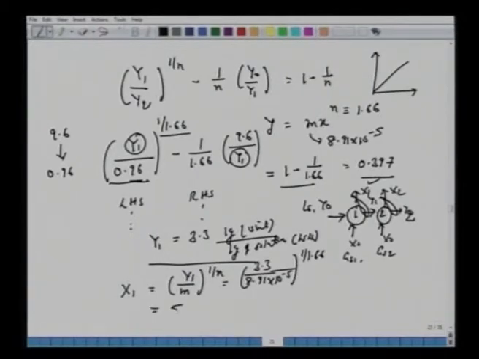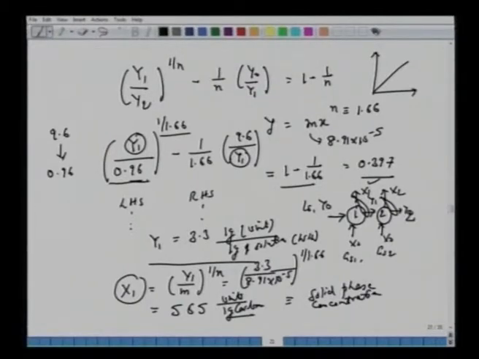You should be able to obtain x1 as 565, so 565 kg of color per kg of carbon adsorbent. This is the solid phase concentration in the leaving stream, which is in equilibrium with 3.3.